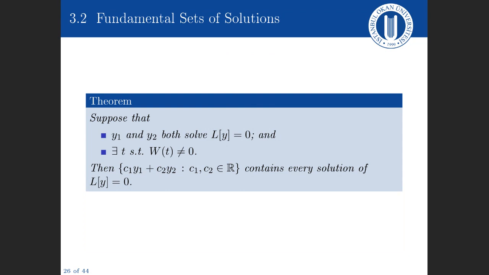Theorem. Suppose that we have two functions, y1 and y2, which solve the differential equation L of y is equal to 0. And suppose there exists at least one time t where the Wronskian is not equal to 0.